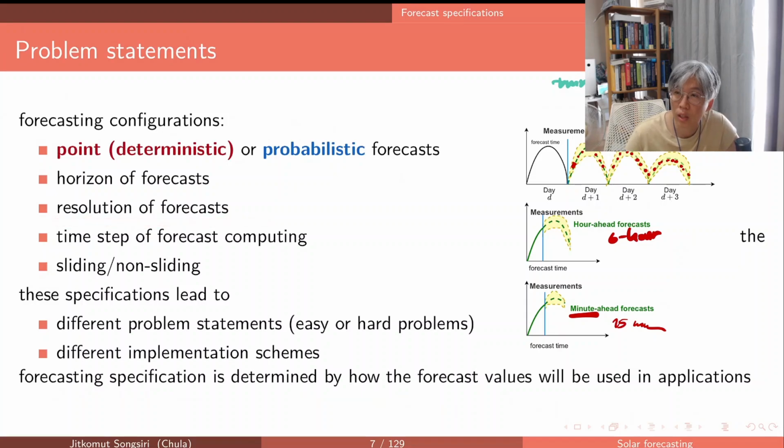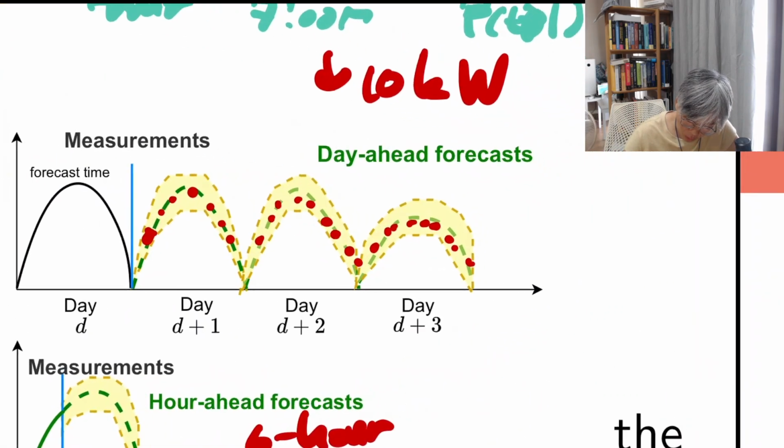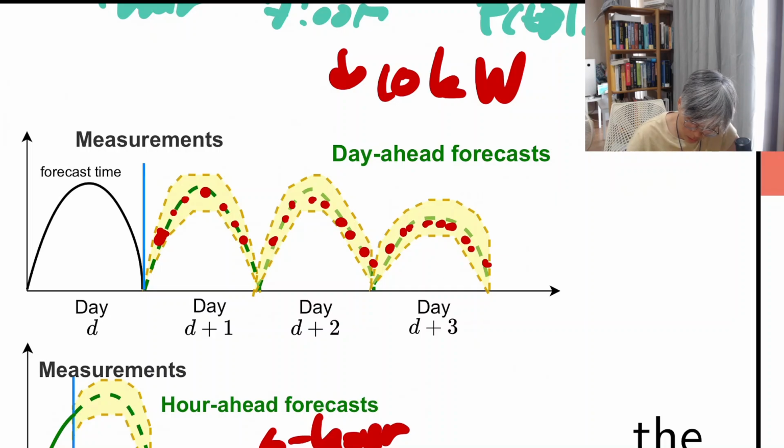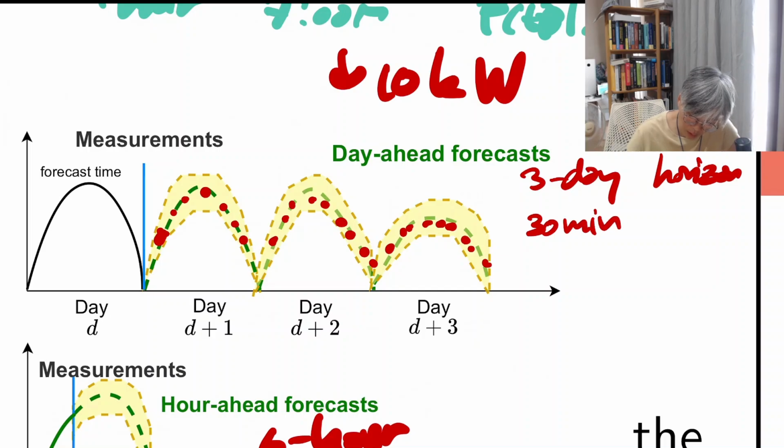Third, the resolution of your forecast values. Let me give you an example. In this day ahead forecast example, I say that my horizon is 3 days, and I can say that my resolution is 30 minutes. It means that the resolution of these values is 30 minutes.